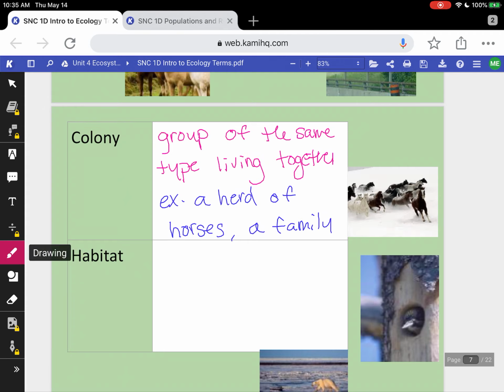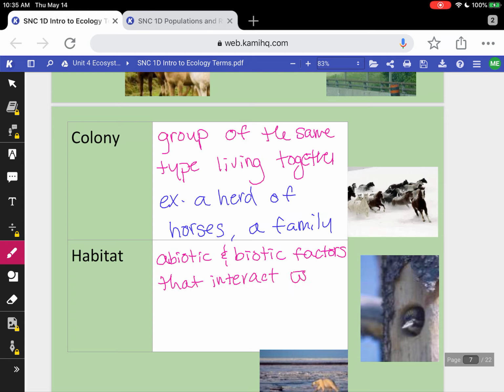Okay, habitat is actually all of the things that interact in the environment that a species or a colony lives in. So this is abiotic and biotic factors that interact with living things in their environment.